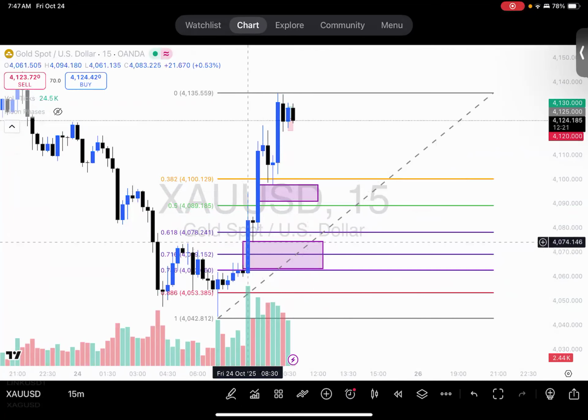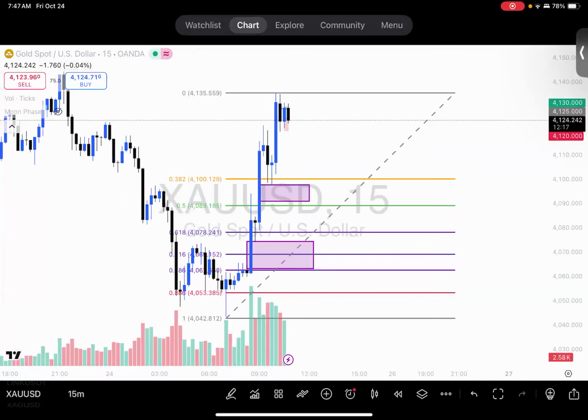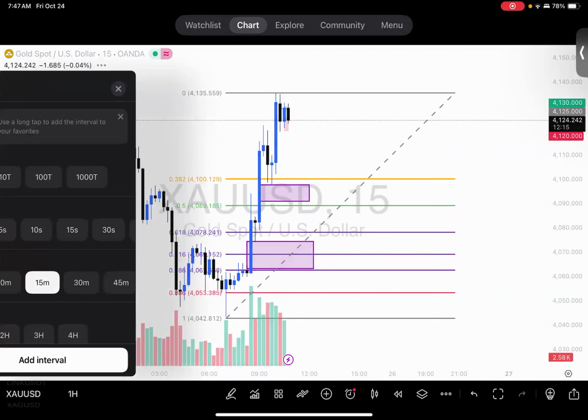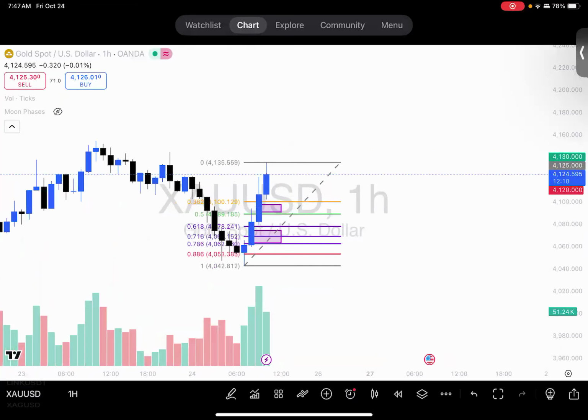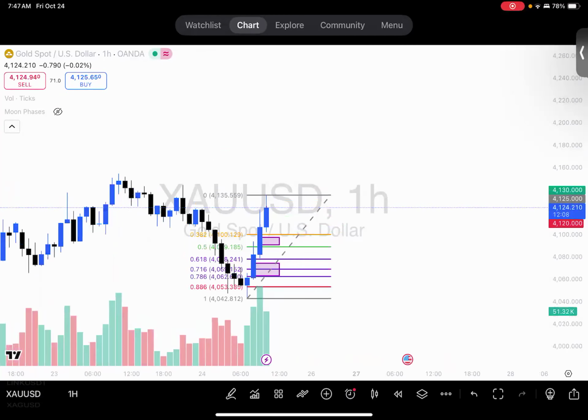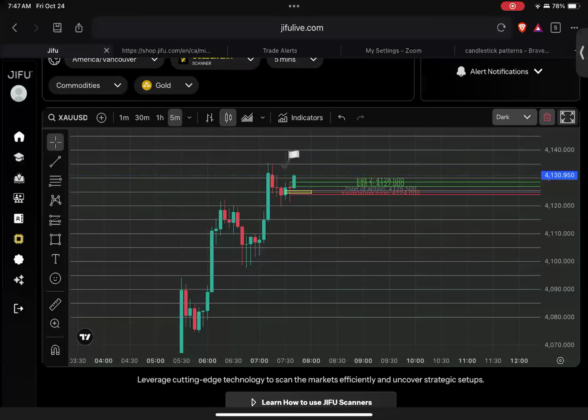So I'm probably going to look to enter another trade somewhere down here for buys, depending on what this looks like on the higher time frames, what kind of a reaction we get. I'd be interested to see what this looks like. But for right now, we are not going to enter anything.